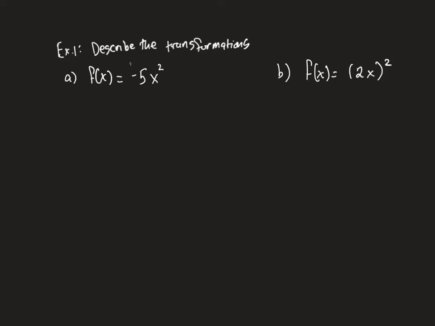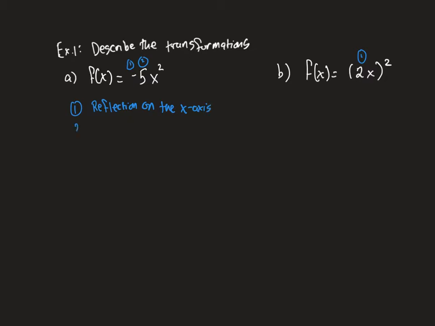Here I see a negative, which means that's one transformation by itself. The 5, that's a second transformation. Over here I see the 2, which is only one transformation. So 1, what's my first one? I see a negative. It's on the outside. So because it's on the outside, this is a reflection on the x-axis.